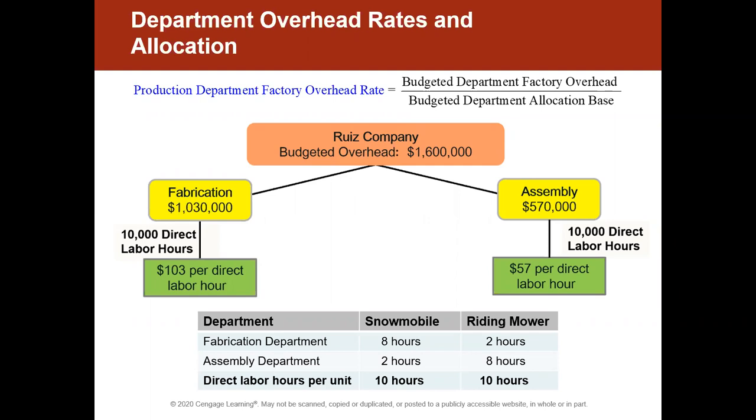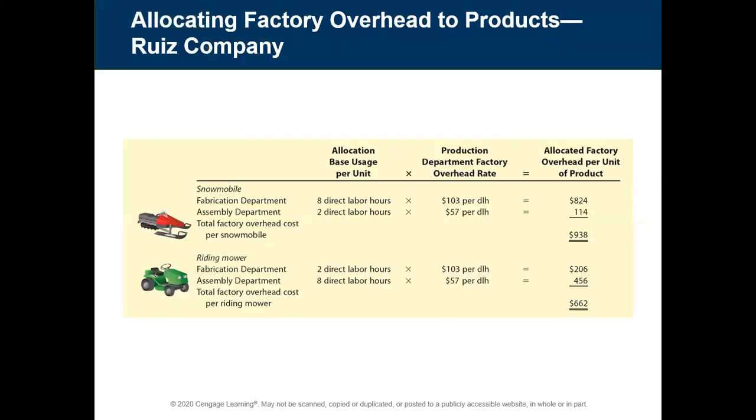And in the assembly department, it will be $57 of overhead applied per direct labor hour. This is a lot of stuff to just say under a single plant-wide rate, we use a single rate to apply how much overhead gets charged to a given product. And in a multiple scenario, we will use differing rates from each department.